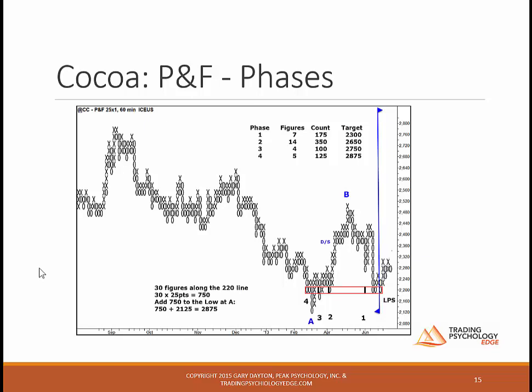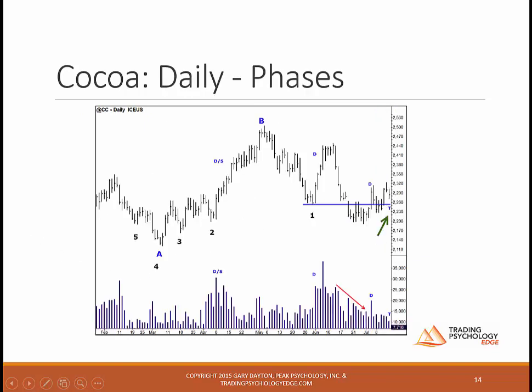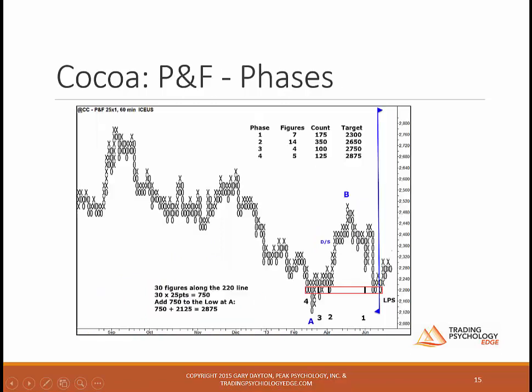We want to be conservative. I tried to emphasize that in session 1. And the way to do that is to break your figures, your counts up into phases. And the way to break them up into phases is pretty straightforward. You're just really looking for these dips with the volume coming in. That's basically what you're looking for. And then you want to correlate that to the point and figure chart. And that's pretty straightforward to do.